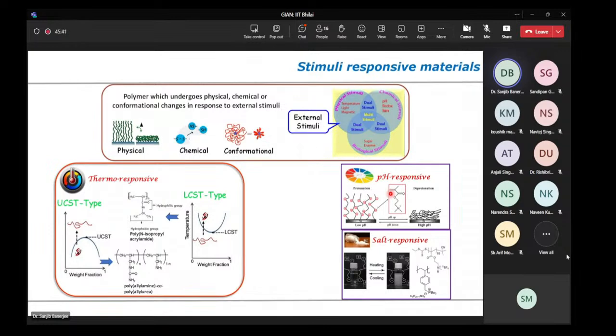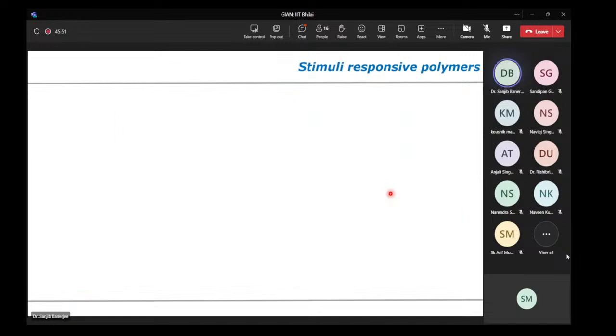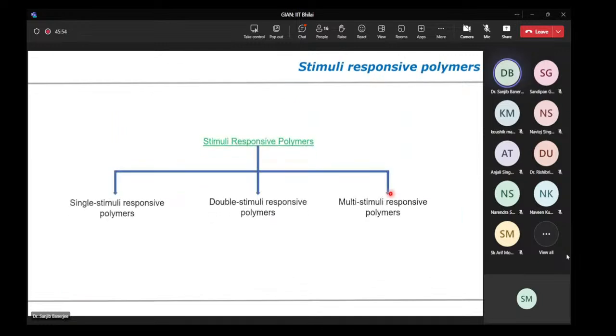Now there are some molecules which are salt responsive also, right? Where this molecule can respond to changes in salt concentration also. So stimuli responsive polymers are classified into three parts. One is single stimuli responsive, second one is double stimuli responsive, third one is multi stimuli responsive.